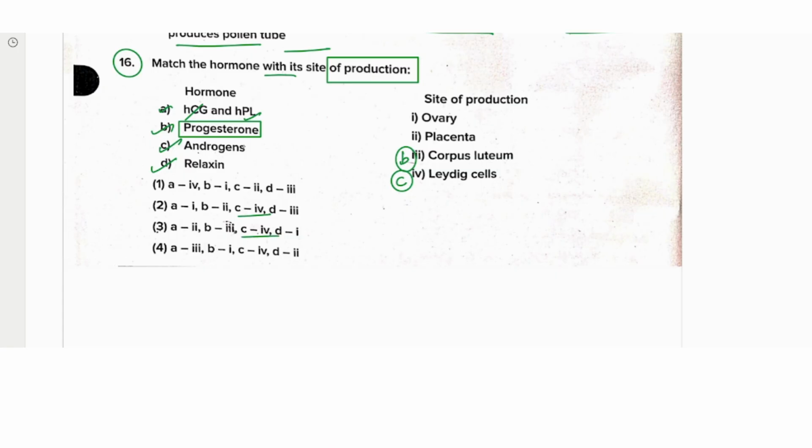So we can go with the third option. HCG and HPL we know are from the placental layer, and relaxin is from the ovary. So third option.